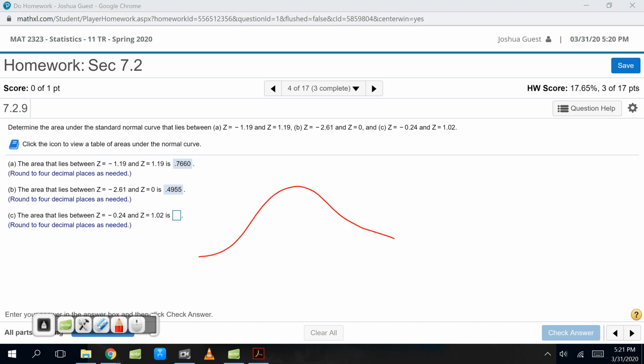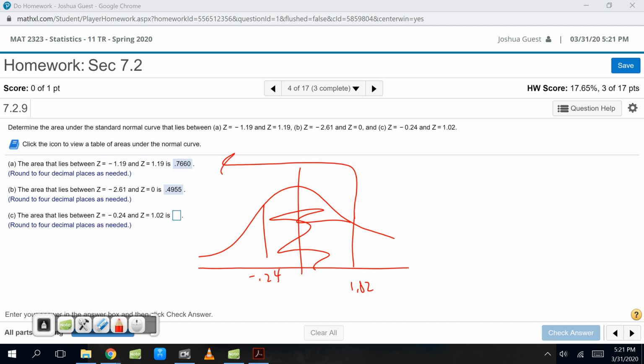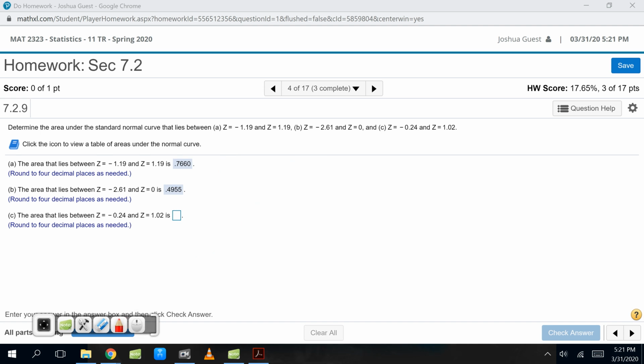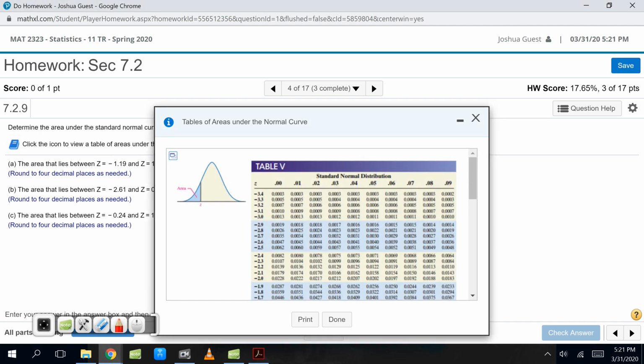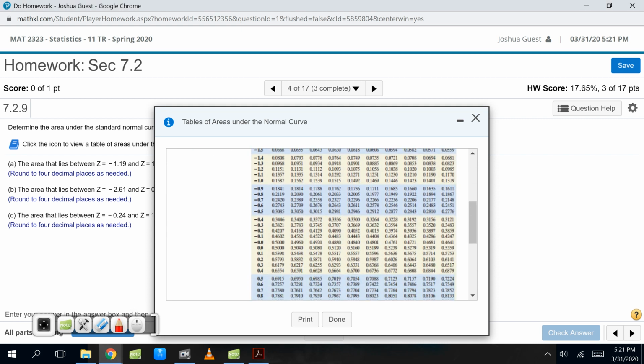So here we got the normal curve, negative 0.24, and over here 1.02. So we're doing in between. So we're going to find this minus this little piece here. Okay, so the 1.02 minus the negative 0.24. Let's come over here and find them. I'm going to try to keep them on the same screen.